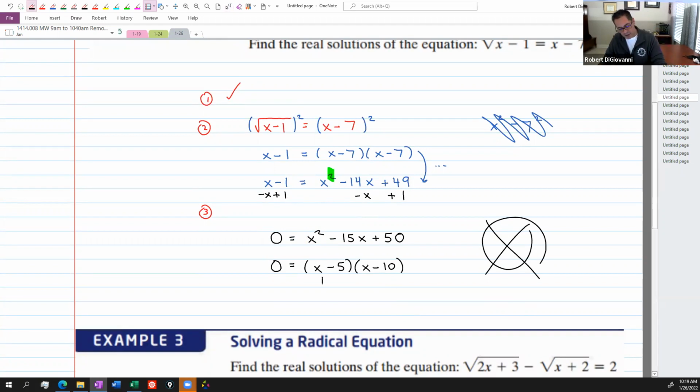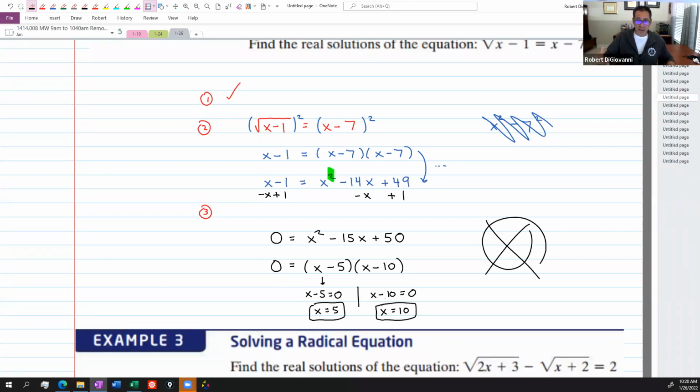And now I set each of these equal to 0. And you should get 2 answers, 5 and 10.